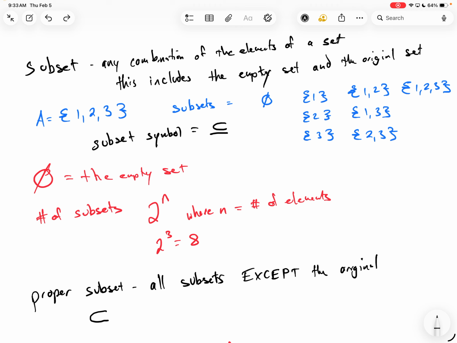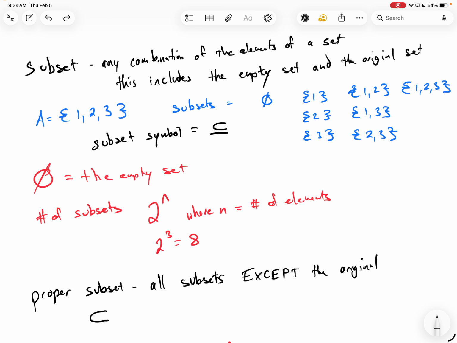Down here, you'll see why I say that: a proper subset is all the subsets that we have up here except the original, because the original one is kind of the same thing. It's technically just the whole set.